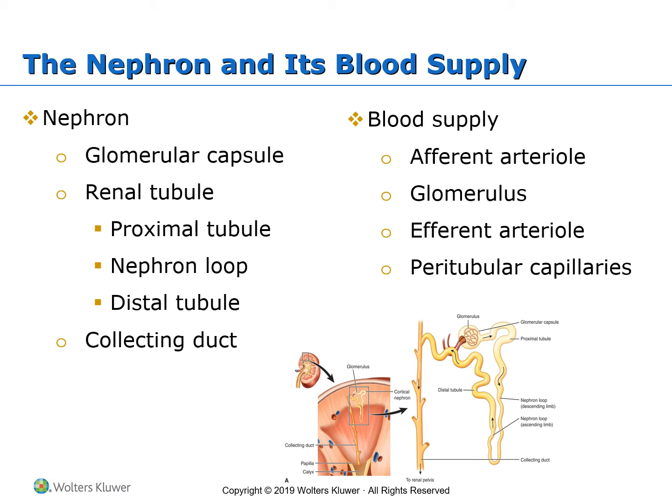It is called distal because it is further away from the initial part of the nephron, the glomerular capsule. Many of the renal tubules empty into collecting ducts that continue through the medulla towards the renal pelvis, eliminating the urine into the calyces, into the renal pelvis, and finally into the ureters.